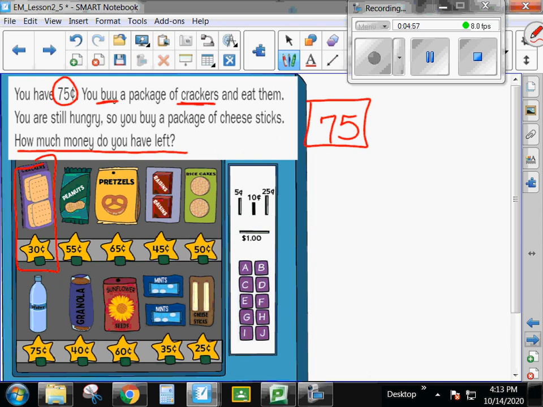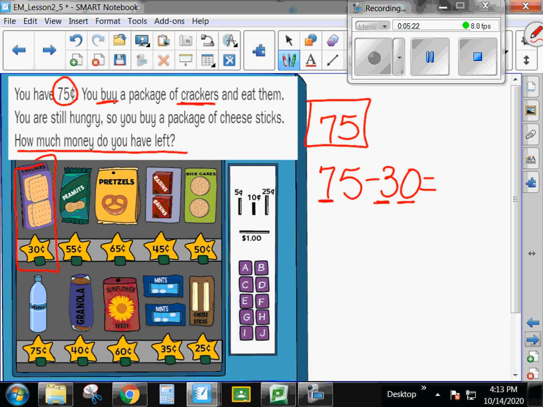Well, what kind of math, what operation do you do when you're buying something? You're going to subtract, right? So the very first thing I'm going to do is take my 75 cents I have and buy that package of crackers. So I'm going to subtract that. Now what happens when you subtract 30 from 75? This is actually a pretty easy thing to subtract because it ends in 0, so all you have to do is subtract 3 tens.